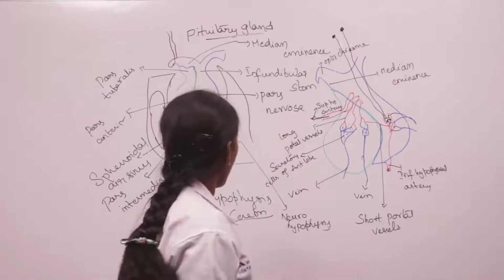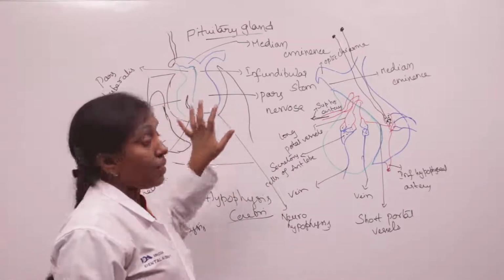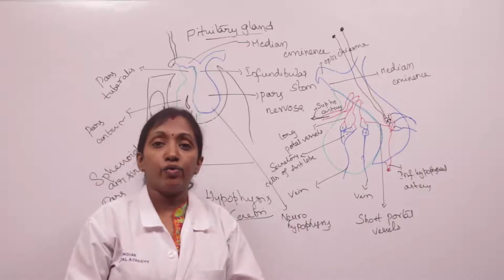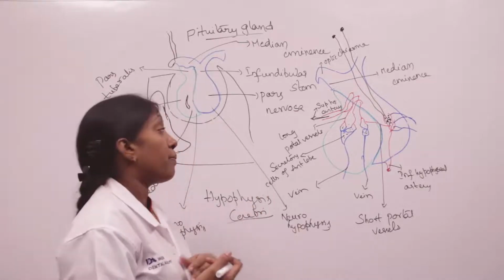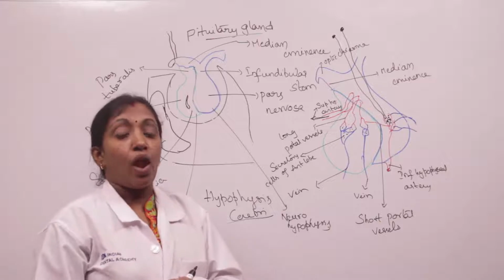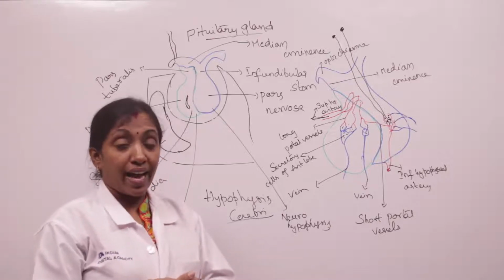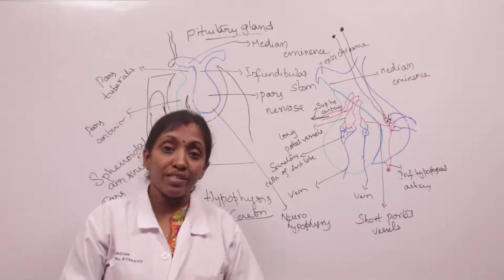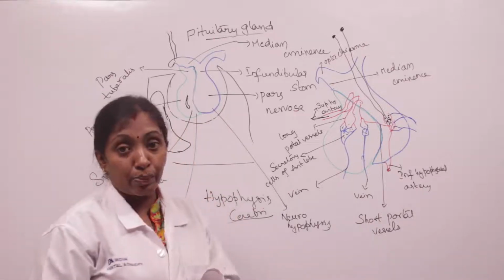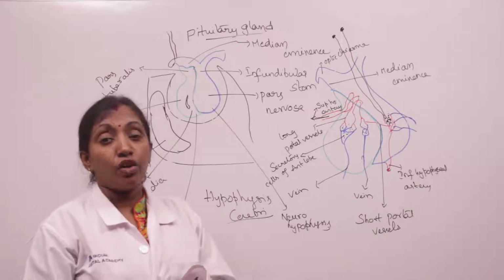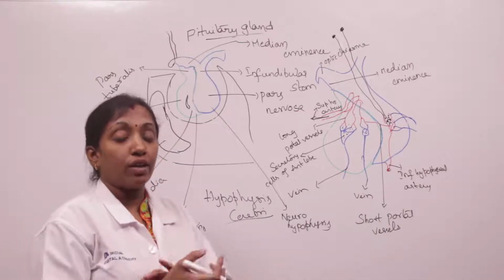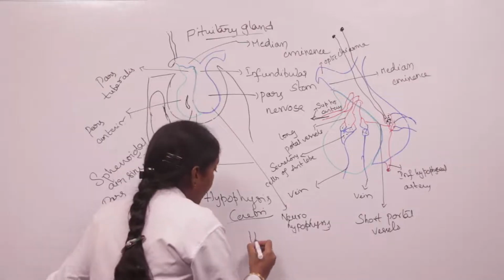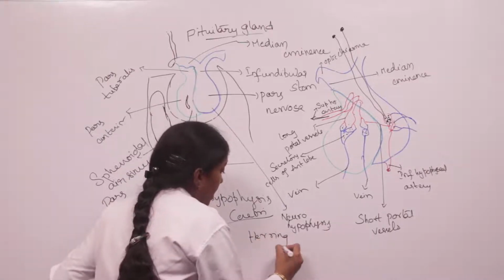Coming to the posterior part, it doesn't consist of any cells except unmyelinated nerve fibers, along with some cells we call pituicytes. At the endings of the nerve fibers there are knob-like terminals, which we call Herring bodies.